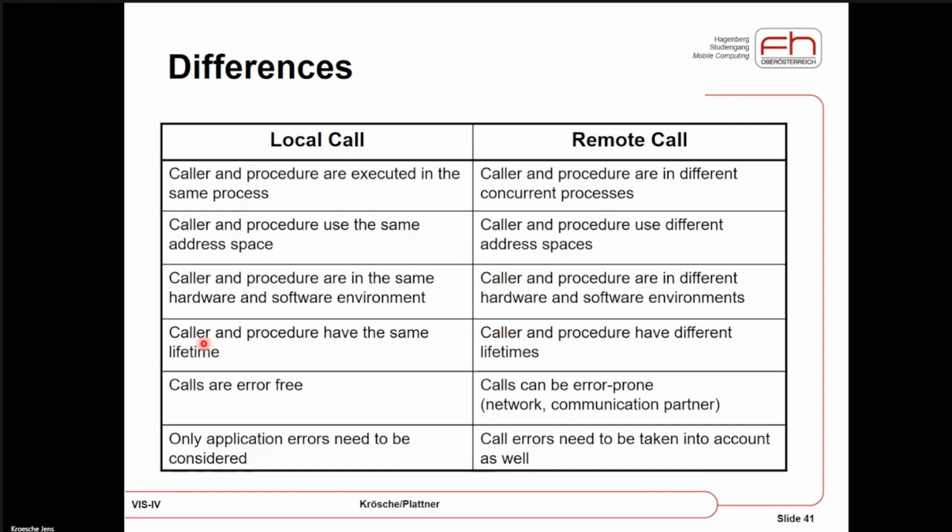When the local call calls the method, in a normal situation nothing bad can happen. It calls the method, it executes or returns, and everything is fine. So they have the same lifetime. If the local caller gets killed, then of course the program ends.